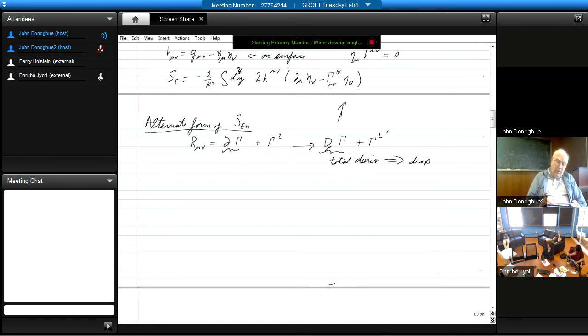But that means you can be left with just gamma squared terms; you don't need to have a derivative term. And so the alternate form is the following. The Einstein-Hilbert action is minus 2 over kappa squared integral d4x square root of minus g, gamma gamma g minus gamma gamma g.